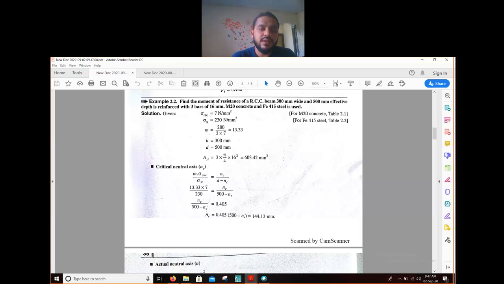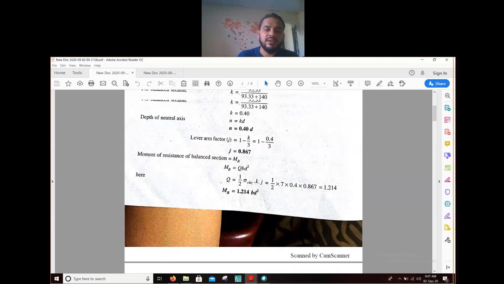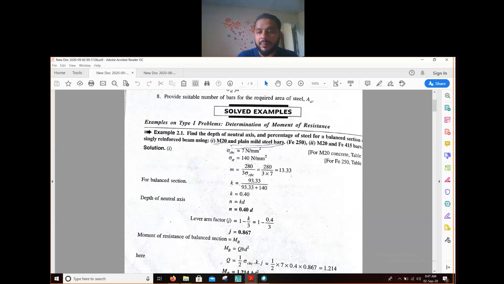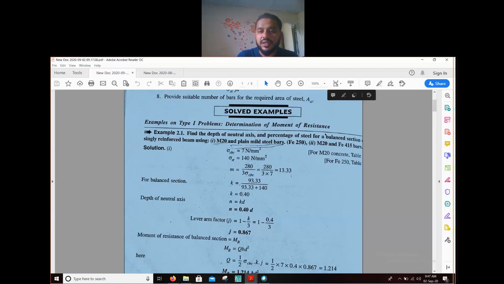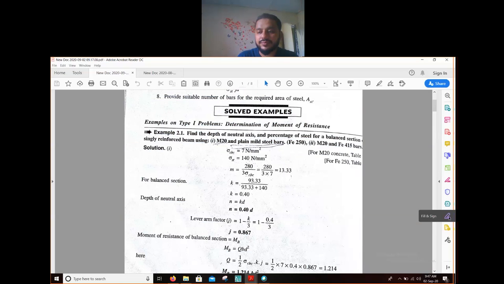Now in the previous question, if you can remember, it is directly mentioned that your section is a balanced section. But in this question, it is not mentioned whether the section is balanced, under reinforced, or over reinforced.